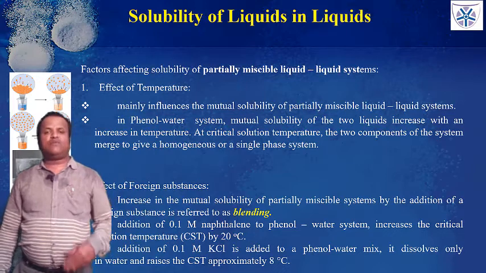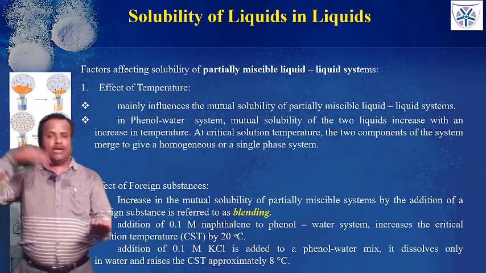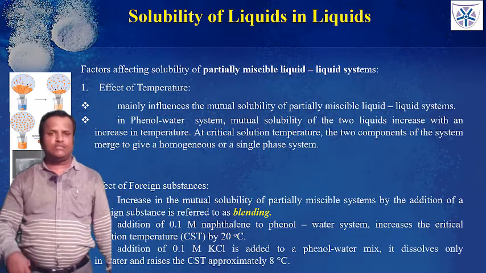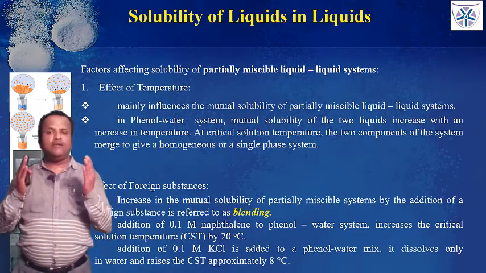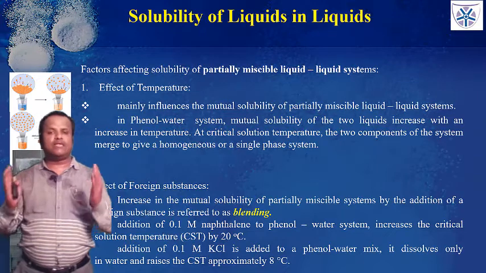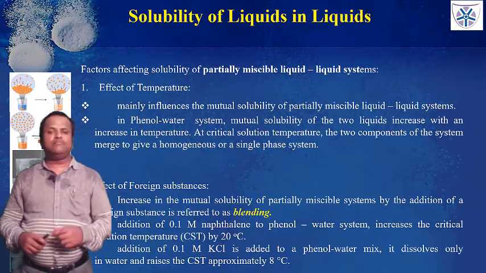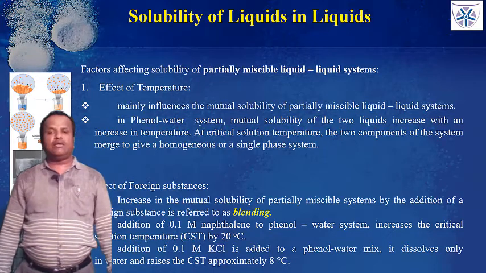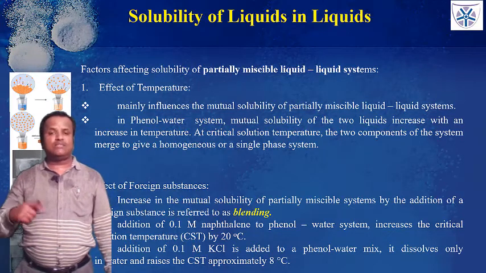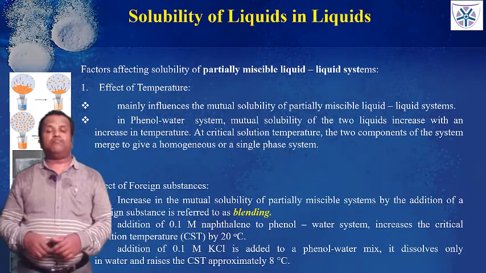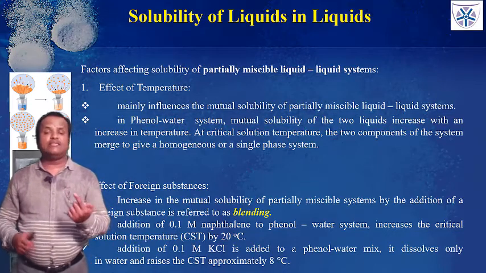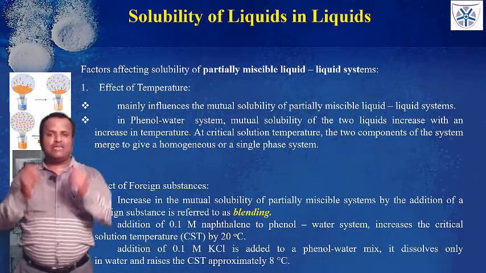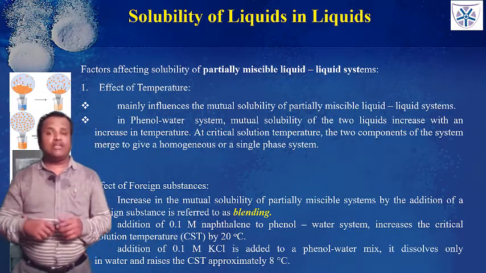Next is the effect of foreign substances. If I add any additional component, any salt or any foreign substance, to a partially miscible liquid system, the increase in the mutual solubility of the partially miscible system by the addition of a foreign substance is referred to as blending. What is blending? It is an increase in mutual solubility, like with temperature, when adding foreign substances.